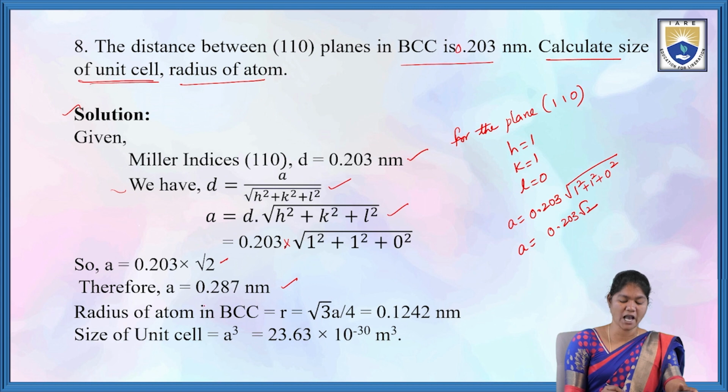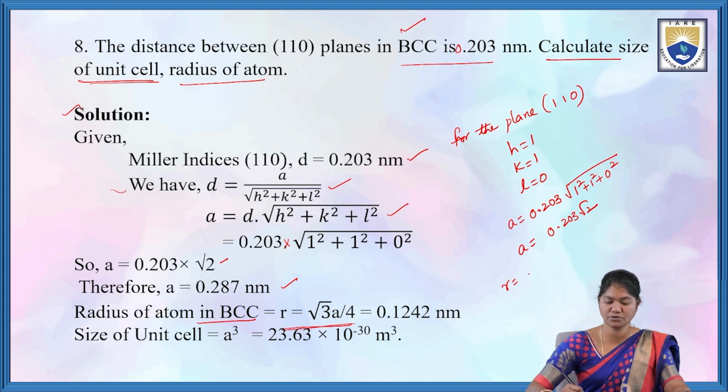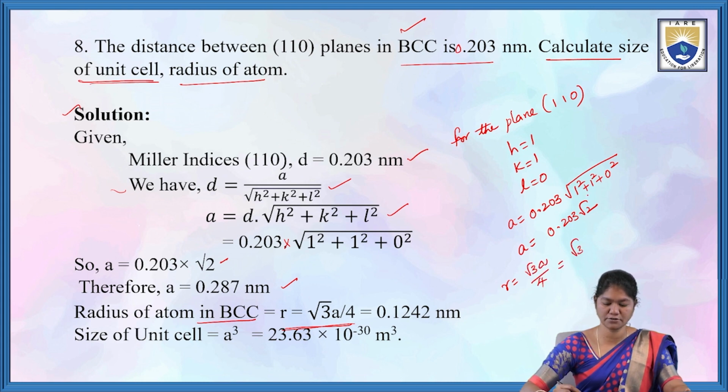Now the radius of atom in BCC. In BCC, the radius of atom r is equal to root 3 a by 4. Substituting, root 3 into 0.287 divided by 4, the r value becomes 0.1242 nanometer.